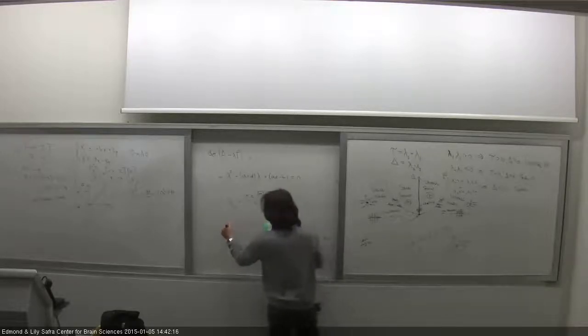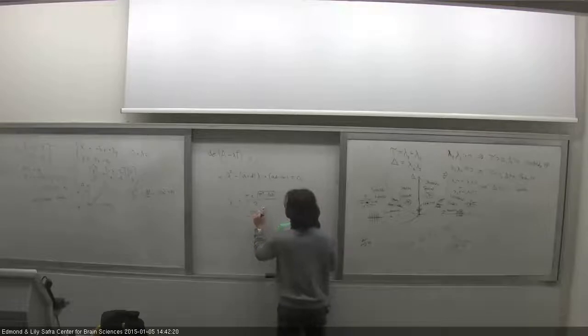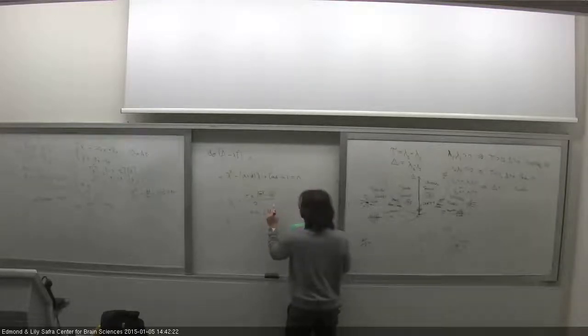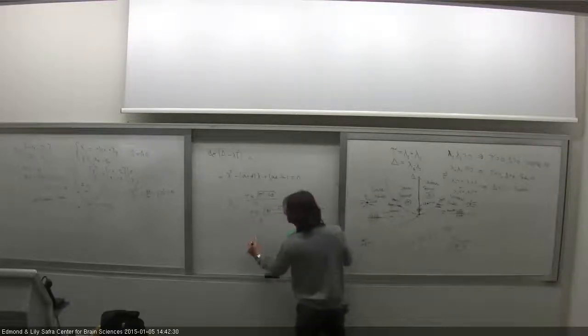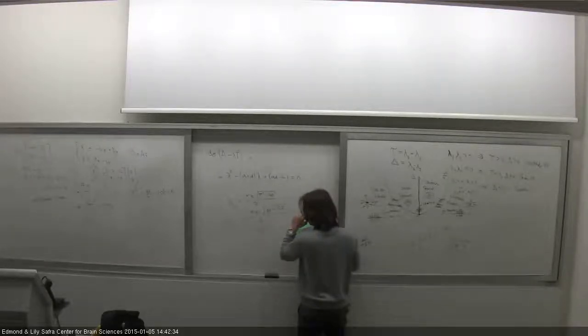So lambda 1,2 equals minus 9 plus minus the square root of 81 minus 4 delta.